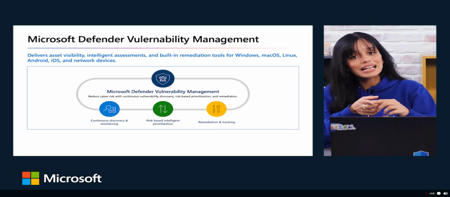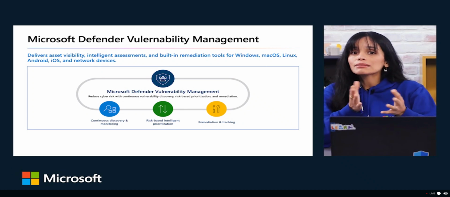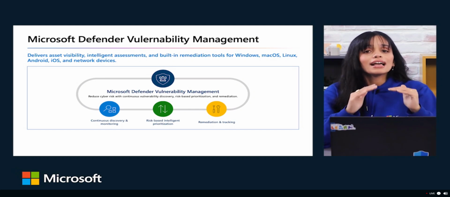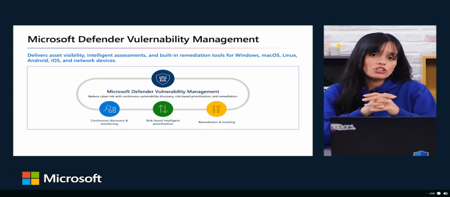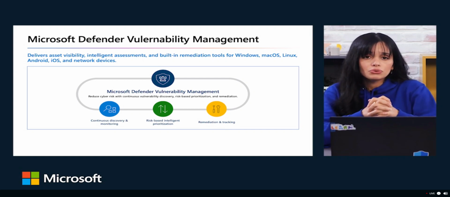First, continuous asset discovery and monitoring. Defender Vulnerability Management uses built-in and agentless scanners to continuously monitor and detect risk in your organization, even when devices aren't connected to the corporate network.